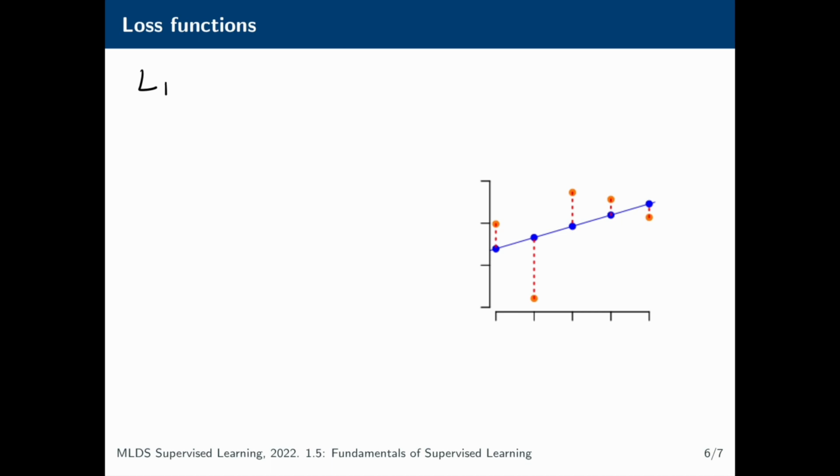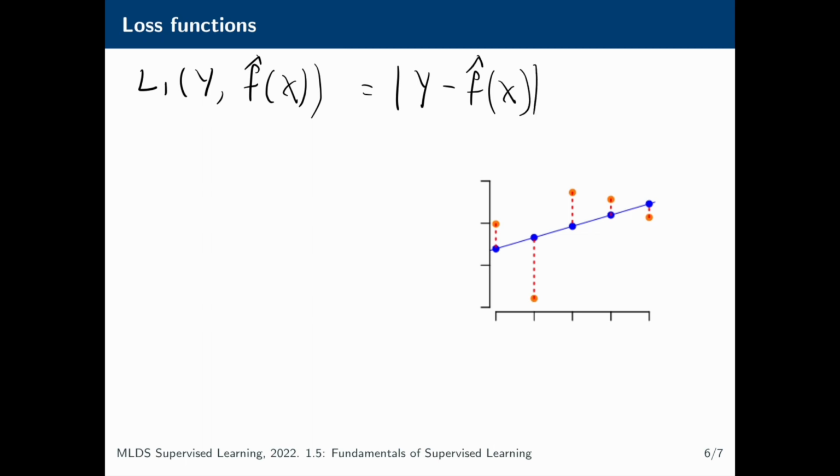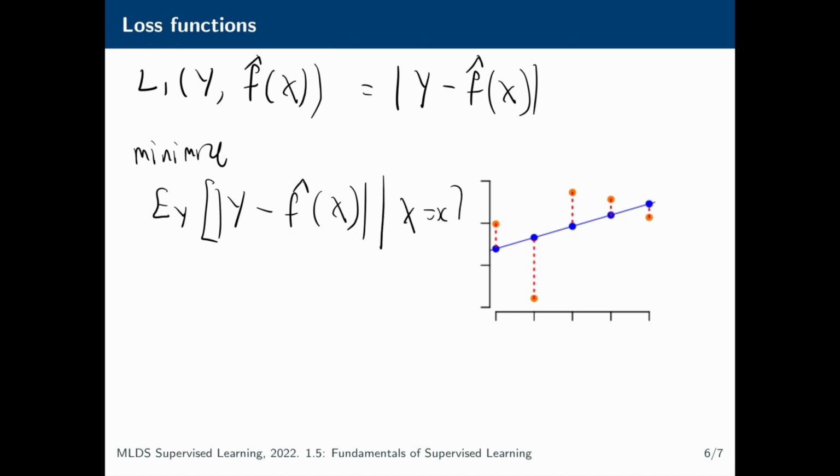For example, the L1 loss between y and f hat of x is nothing more than just the absolute value of the difference between y and f hat of x. So then for this loss function, we minimize the expectation over y of the absolute value of y minus f hat of x, again conditional on x equals little x.